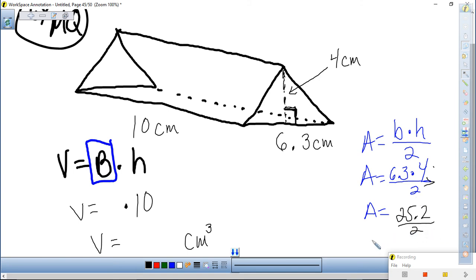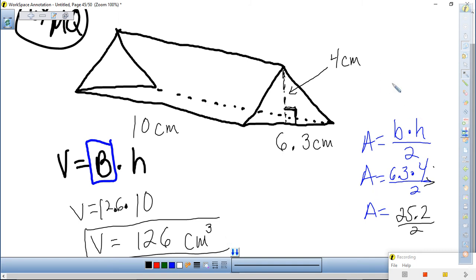Okay, so what is the area of the base, Chris? 12.6, all right? And if you multiply 12.6 times 10, everyone, the volume is? 126 centimeters cubed. Hands if you got that by yourself. Okay, good. Everybody got it? Fairly simple, right? All right.